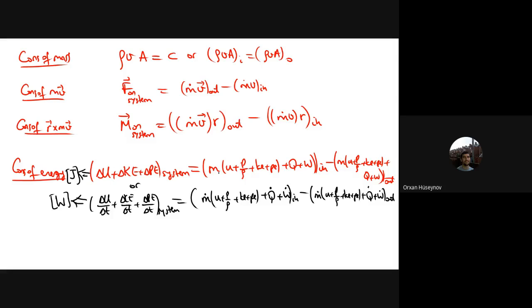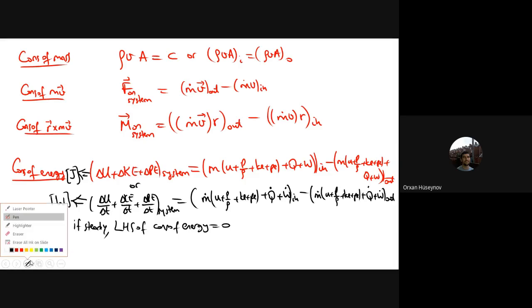And we have said that if it is steady, the left-hand side of the conservation of energy is 0. For most of the problems, it is steady. And then comes the last part, which was Bernoulli's equation. Bernoulli's equation was the specific form of this one.